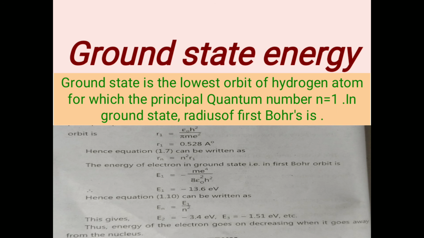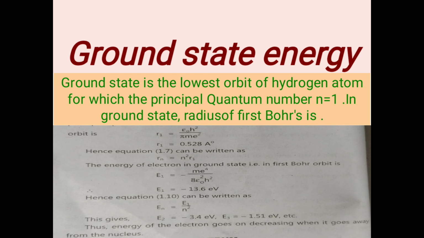Now, we have to find the ground state energy of the hydrogen atom. Ground state is the lowest orbit of the hydrogen atom, for which the principal quantum number is equal to 1. The radius of the first Bohr orbit is r1, which is equal to epsilon 0 h square divided by pi m e square.